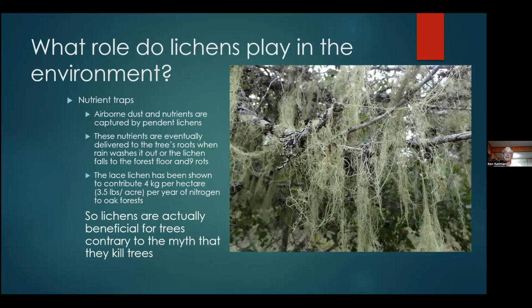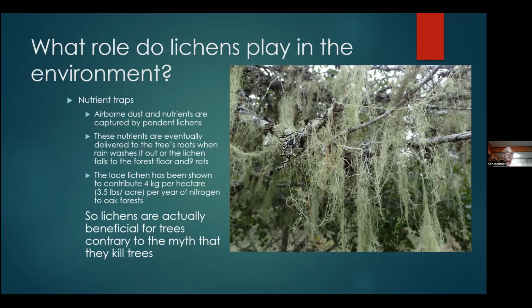Also, other macrolichens can catch these nutrients, but the pendant lichens are really, really good at it. And these nutrients can eventually be delivered to the roots of the tree as rain washes them out, or as they fall off and land on the ground and rot.